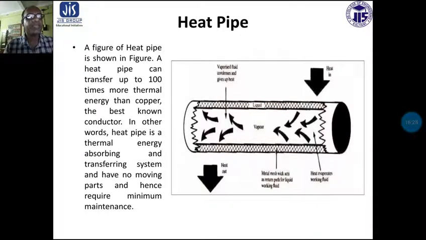The vapor then travels to the other end of the pipe where the thermal energy is removed, causing the vapor to condense into liquid again, thereby giving up latent heat of condensation. This part of the heat pipe works as the condenser region. The condensed liquid then flows back to the evaporator region.